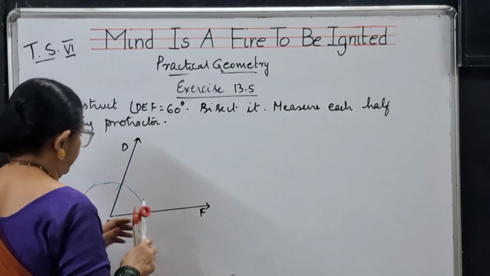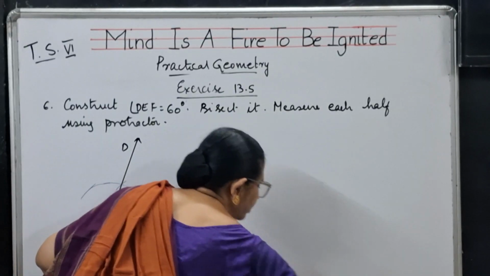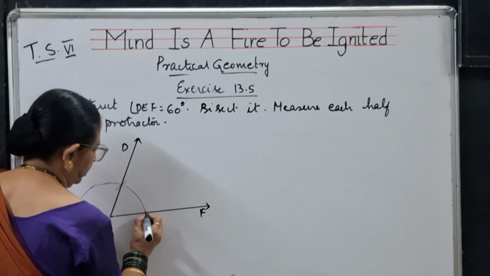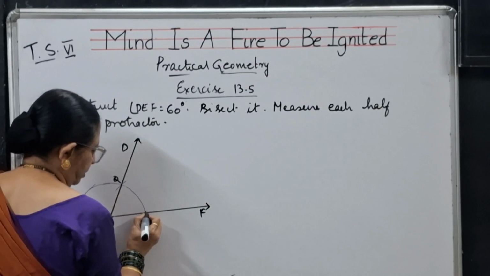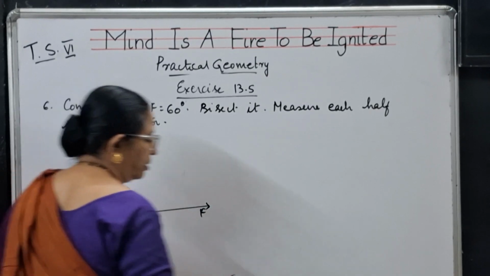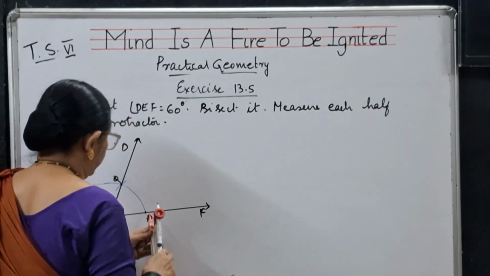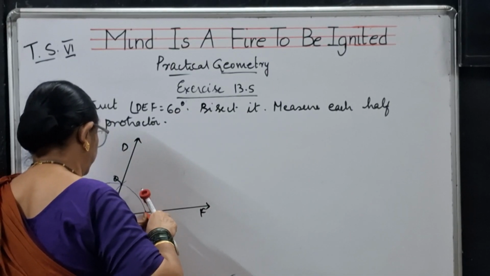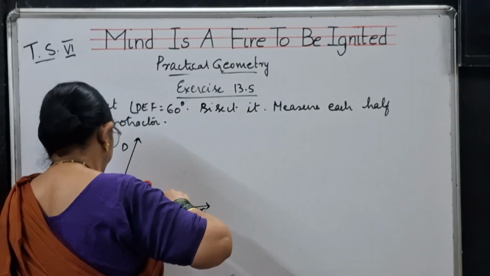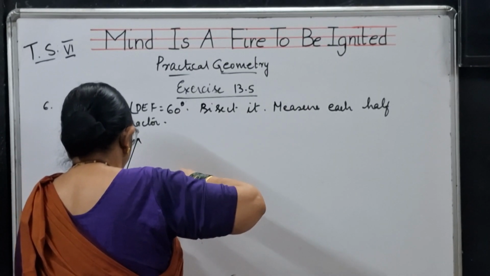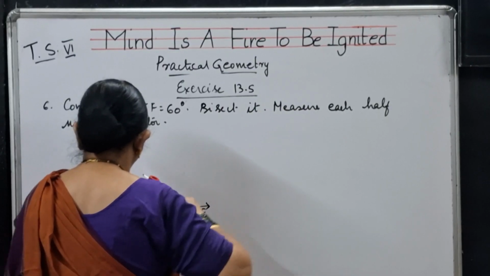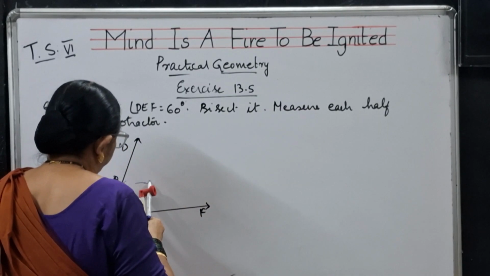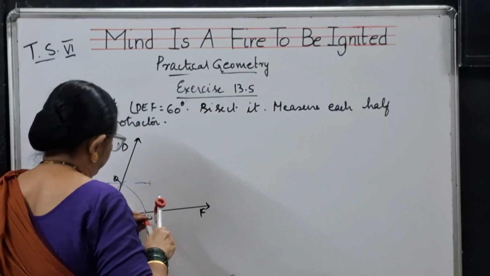How will you bisect? Already we have done this. Let me take this as P, this as Q. These are the points P and Q. So more than half of PQ as radius, draw an arc like this here with P as a center and with Q as a center.